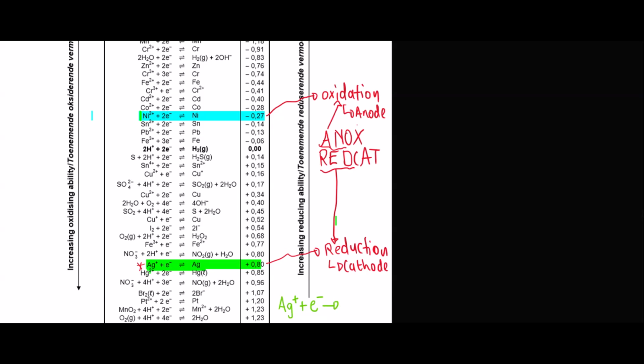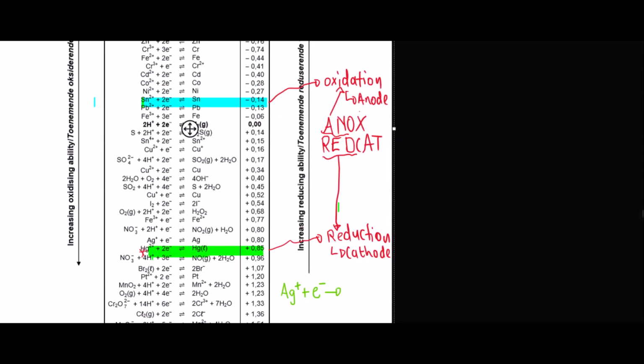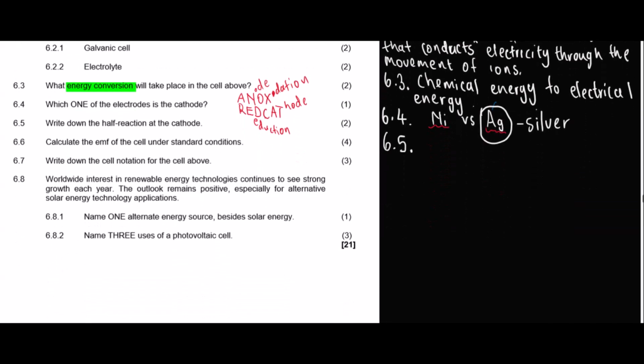So we know that in reduction, the cathode there is silver. So we're expecting a reaction that looks like this for that silver. You just copy it as it is, but you don't put the two arrows, you put one forward arrow there.